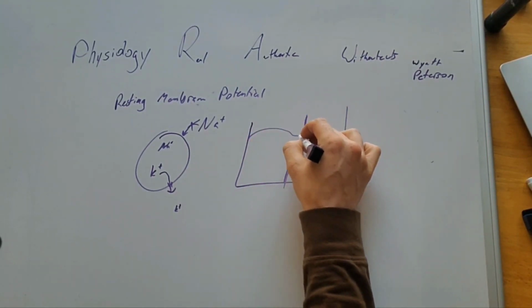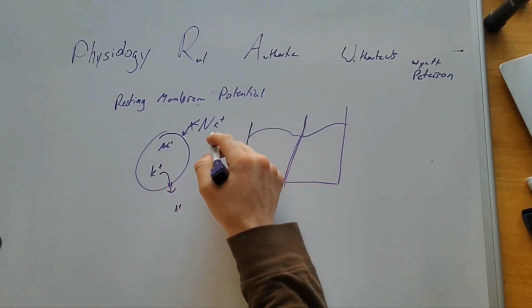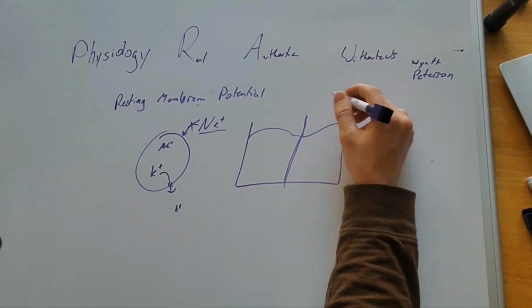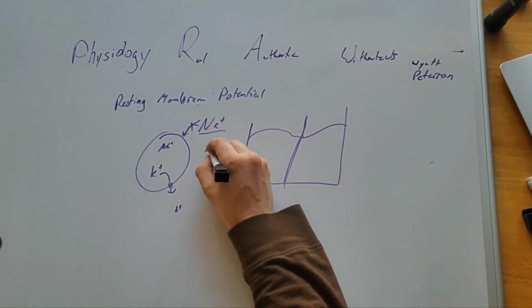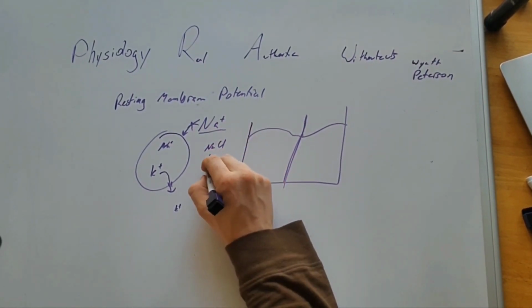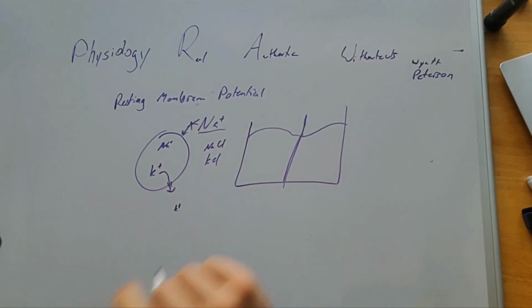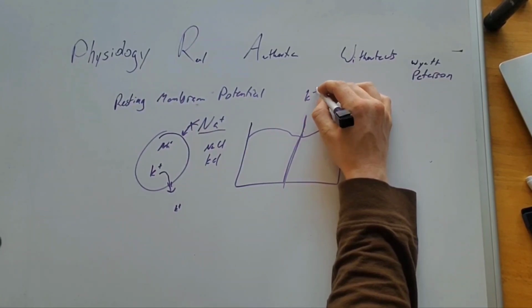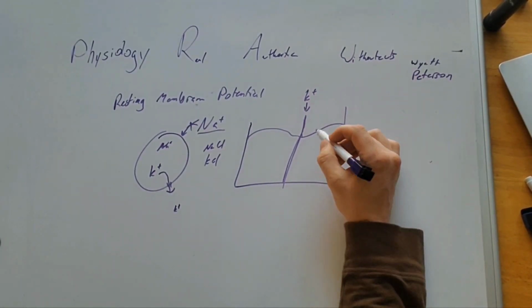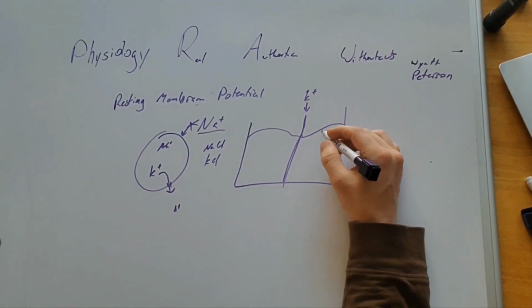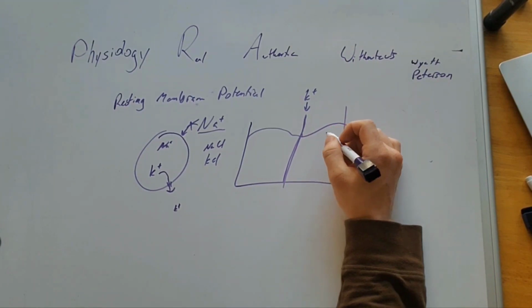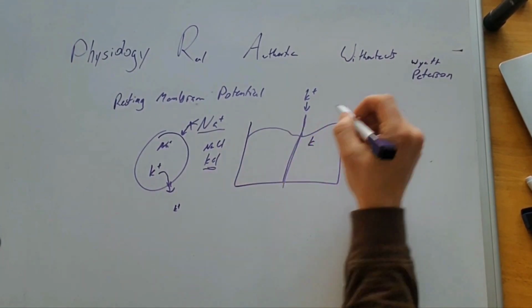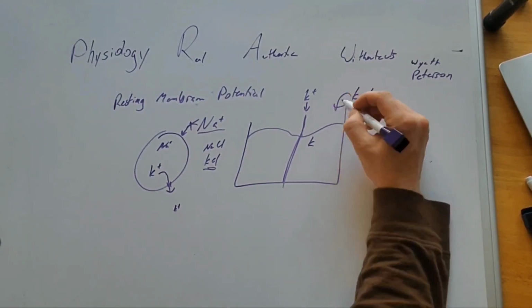So when we're adding things to a solution, we never add just straight up sodium. It's always something like sodium chloride or potassium chloride. So now we're going to have this membrane, and it's going to be K plus permeable. So we're going to add a bunch of, actually just, potassium chloride.